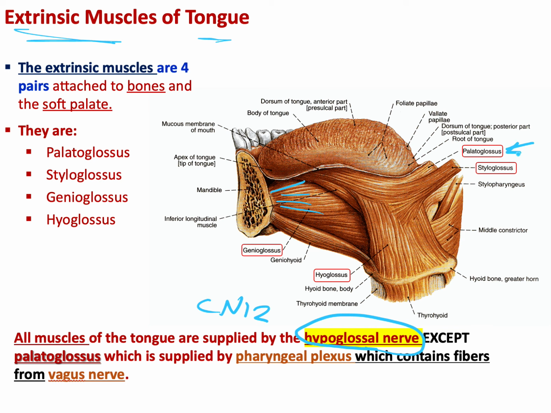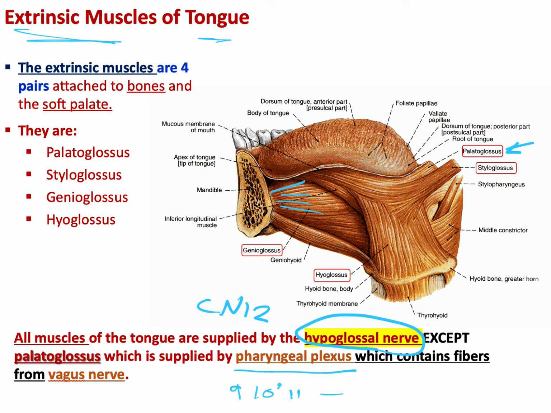I think you remember from the last time we said that the palatoglossus muscle is innervated by the pharyngeal plexus, exactly from the vagus nerve fibers, because we mentioned that the pharyngeal plexus is formed by fibers from cranial nerves number 9, 10, 11, and sympathetic ganglion.